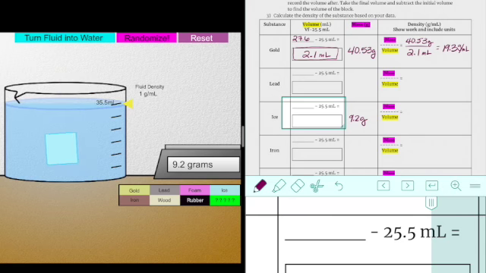So 35.5. 35.5 is what we want to write for the volume. If you have a substance that floats, make sure you get the volume when it's completely submerged, before it comes all the way back up. Let's do that calculation: 35.5 minus 25.5 is 10 milliliters.